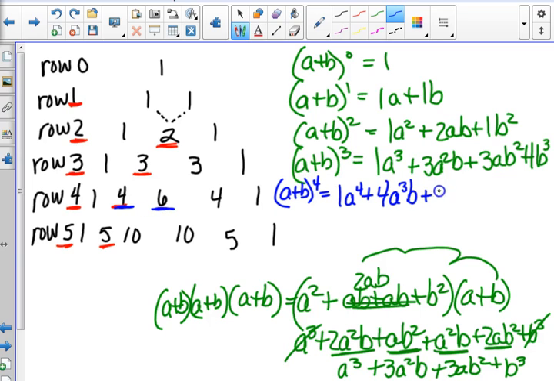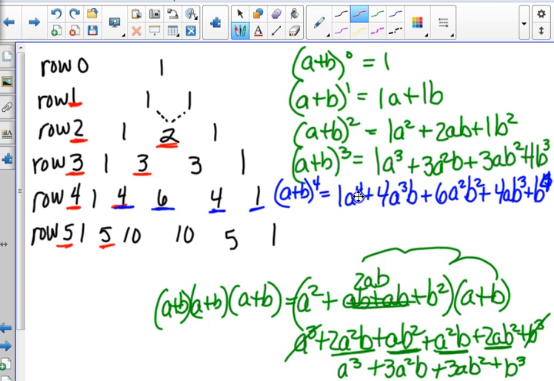This 6 would be what? A squared, b squared. Then back to a 4. We're down to 1a, but we're up to 3 b's. And then this last guy is b to the fourth. Just kidding. Fourth. Okay, thanks.